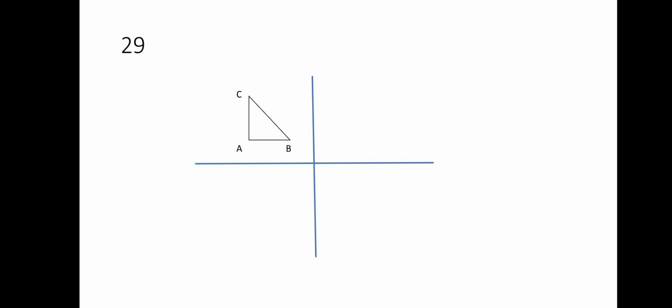If we draw what the new triangle would look like after these new points are plotted, it would look like that. Because this question says describe a single transformation, there isn't a single correct answer. There is more than one way to get from triangle ABC into A'BC'.